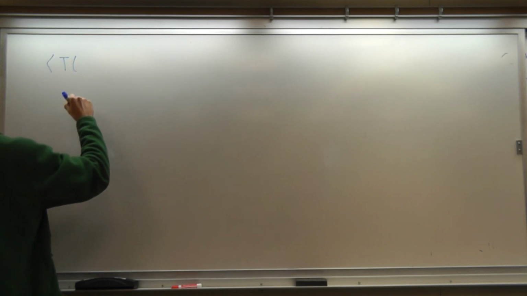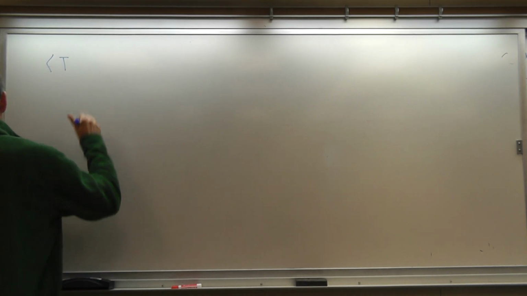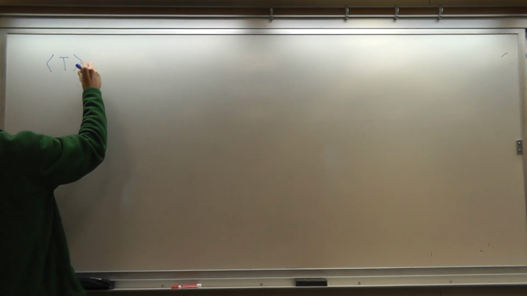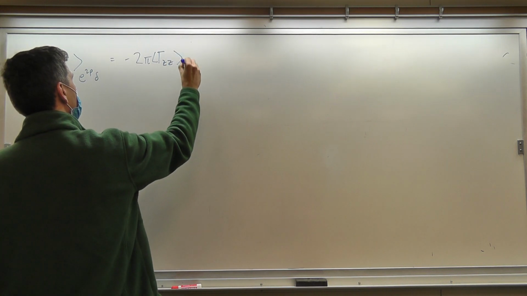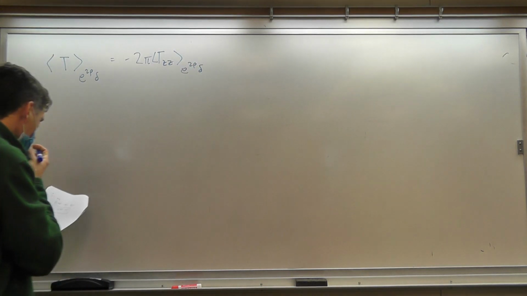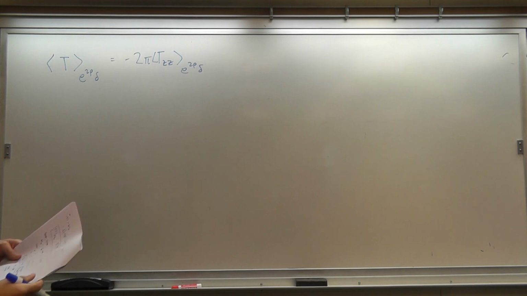So now we can calculate the stress tensor T in this metric, which remember is minus 2 pi times the expectation value of T_zz in this metric.